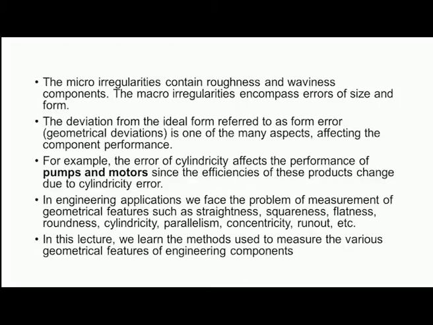If there are deviations like out of roundness or out of cylindricity on the pistons, they lead to increased friction or increased leakage, so the efficiencies of these products will definitely be affected. So it is essential that we control the errors while manufacturing, and also measure the various deviations to ascertain that the components are within the prescribed tolerance limits.